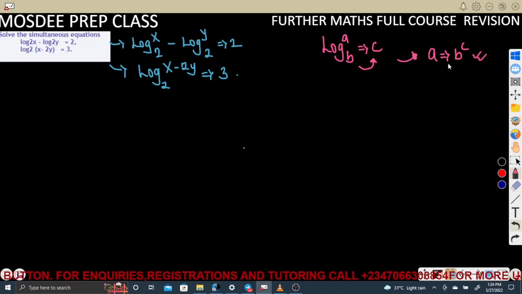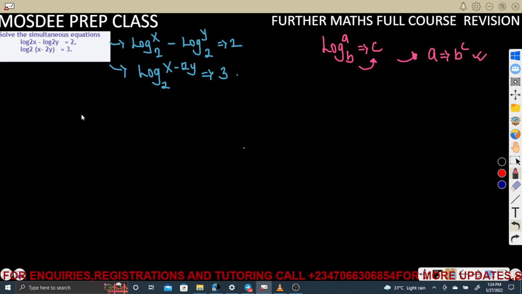This is the law or the logic teachers should try and explain to their students, so that most of the questions that come in log form would be very easy to attempt. Not forgetting the elementary log rule that minus is division and plus is multiplication.